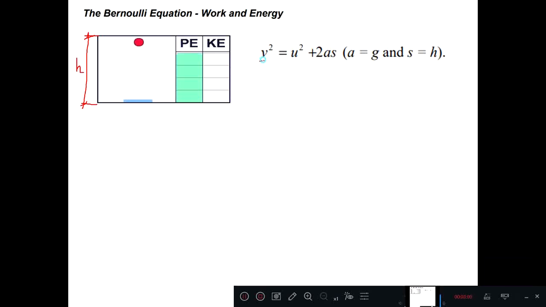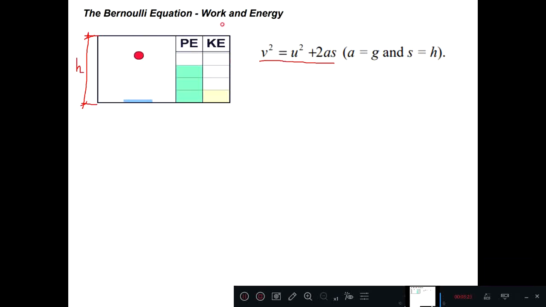This is the formula we use to calculate the speed of the ball, where we take a equal to g, that is the acceleration, and s equal to h. The equation could be applied to a falling droplet of water also.